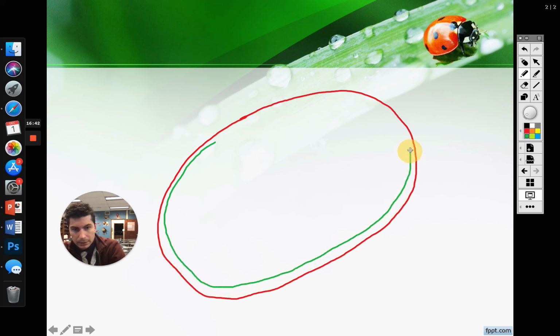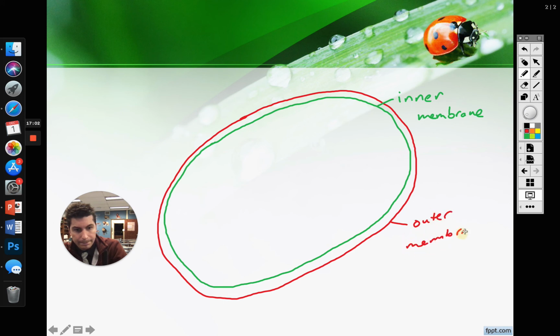Oh, look at this, holiday colors. Okay, so that is our inner membrane. This here is our outer membrane. Okay, so just like a prokaryotic cell, let me label this. This is our chloroplast.